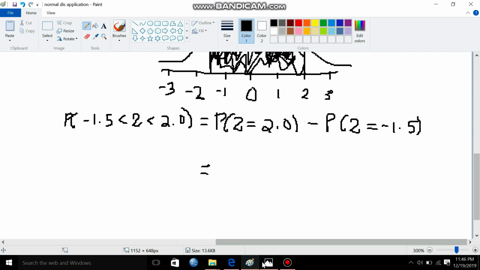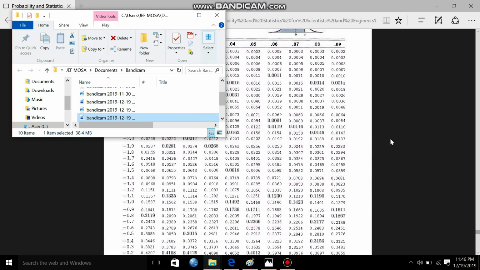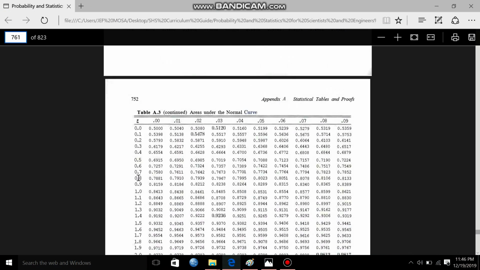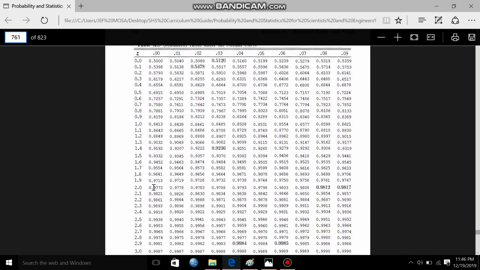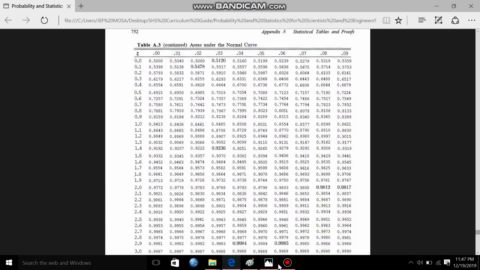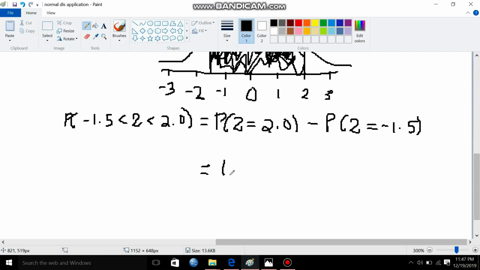So z equals 2.0 is this one, 0.9772, minus the negative 1.5.